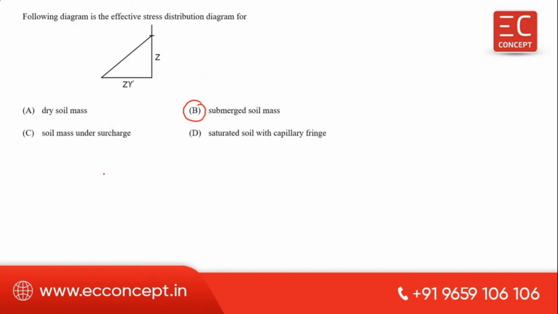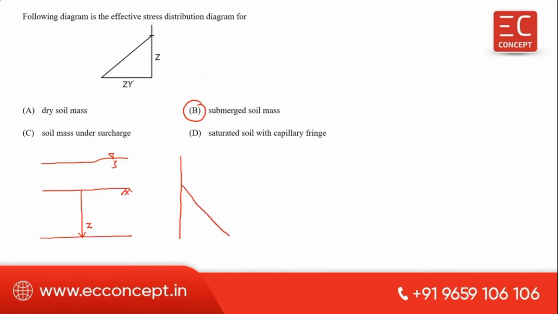In this case, for example, this is the ground level and this is the water, a depth of water, for example, river or something. And this is some depth. Now you know if you calculate the effective stress, the rise in water level above the ground level does not change the effective stress below the ground.